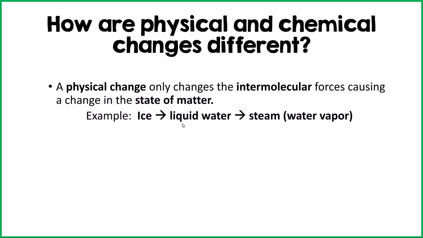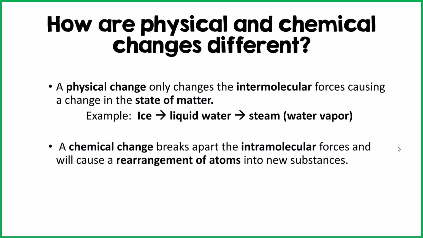Therefore, they can slide over each other and create liquid water. When those intermolecular forces between the liquid water molecules gain enough energy, they can turn into steam. But this is not a change in the substance. Ice is solid water. Liquid water is obviously liquid water. And steam is gaseous water. So none of these substances have actually changed. Their phases have changed, that's all. So this is a physical change.